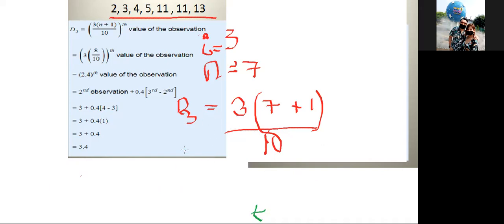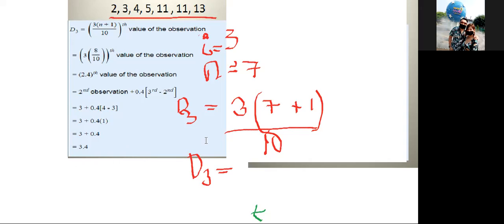Simplifying it further, you arrive at the position of your third decile. So what is the answer here? The position is 2.4, the 2.4 data.